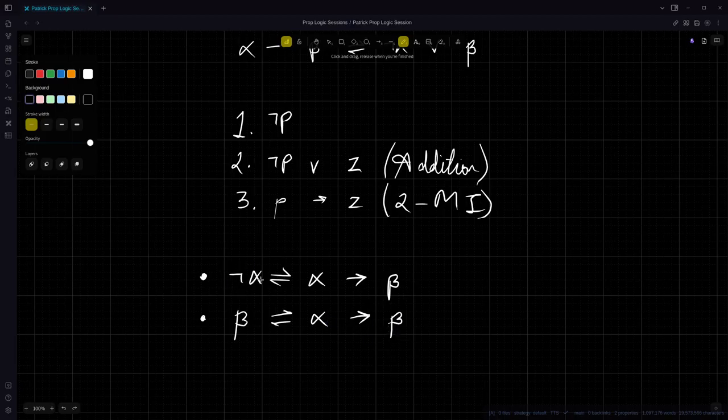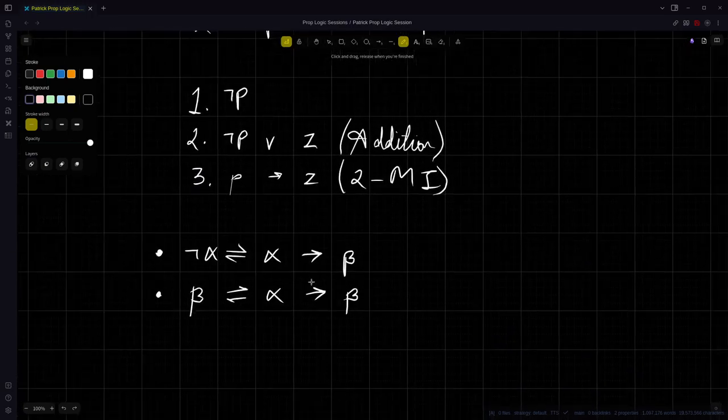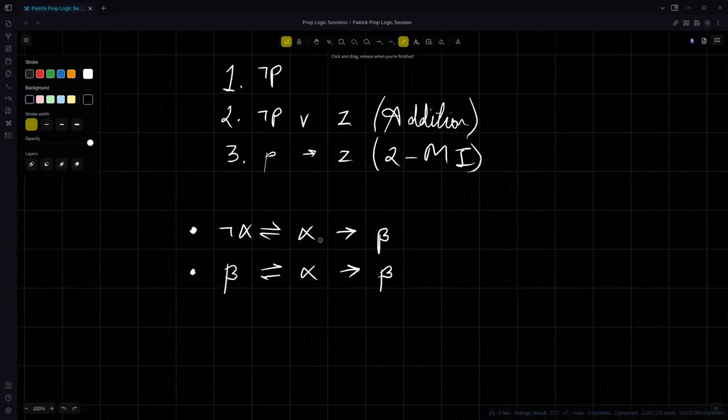So if you have a not alpha, you can derive alpha implies beta, any random beta, and if you have a beta, you can get any proposition to imply it. So these are the two tricks under making conditionals. You can make conditionals like this.